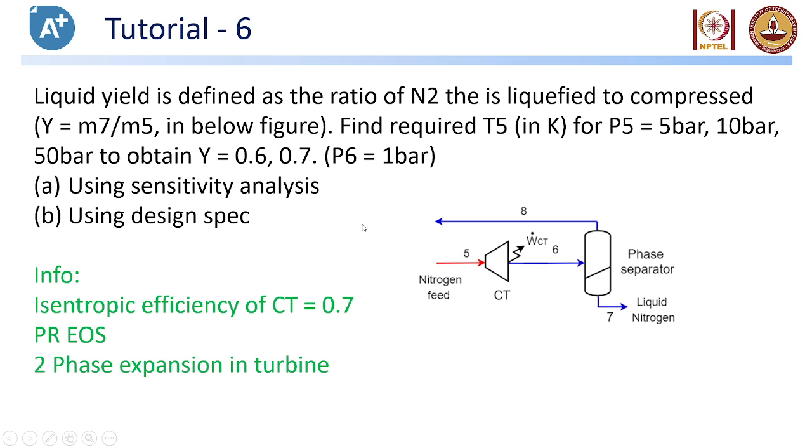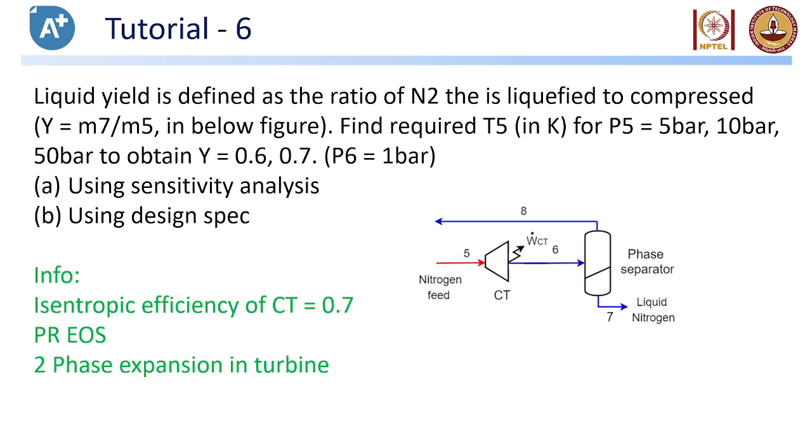First just simulate. We'll do the sensitivity analysis and design spec a bit later. Take nitrogen at 5 bar and a temperature of 100 Kelvin. The stream 5 conditions are 5 bar, 100 Kelvin. It is expanded through a turbine which has an isentropic efficiency of 70%, which is a two-phase expander.